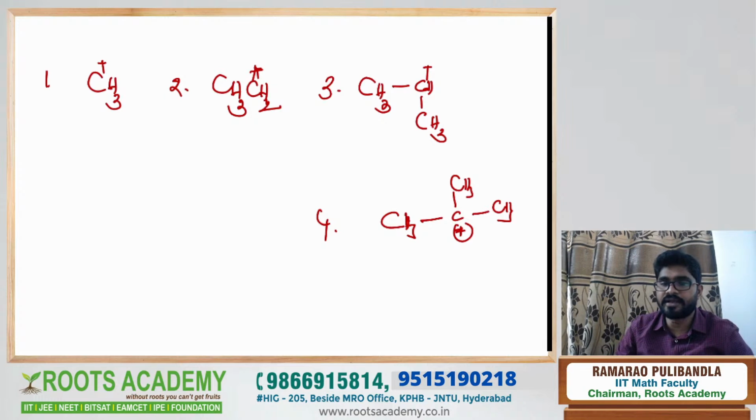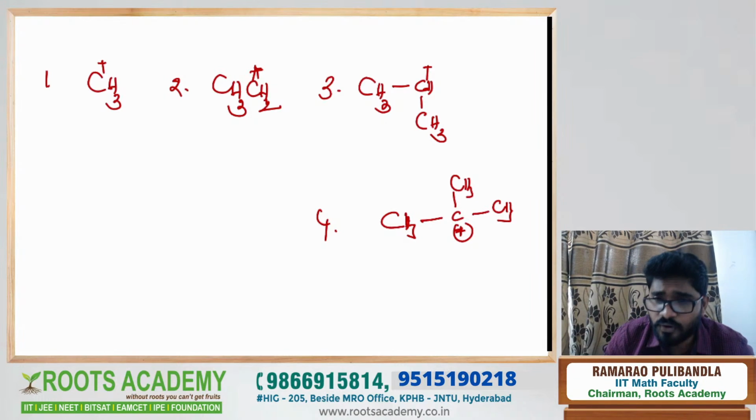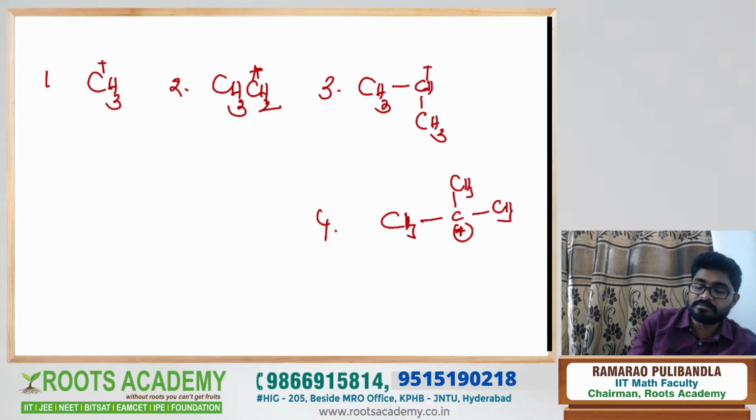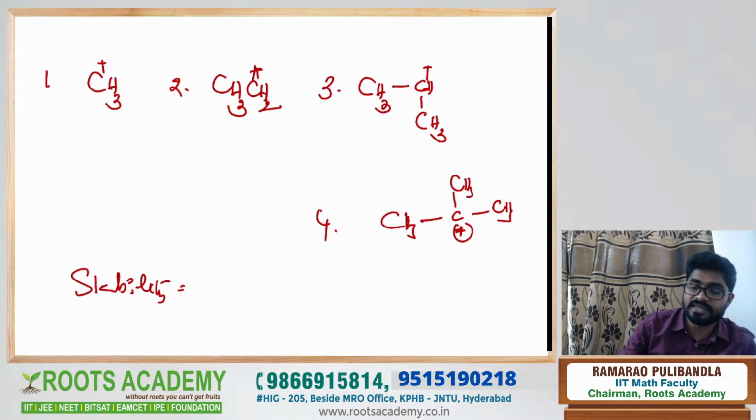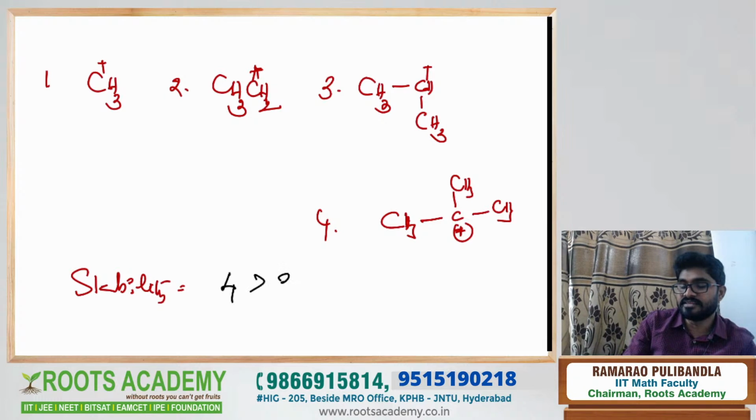Yeah, the order, Monica. Fine. What is the order? Manjari. No, Manjari. Yeah, Vani, fine. Good, Vani. So the stability order is 4 greater than 3 greater than 2 greater than 1.